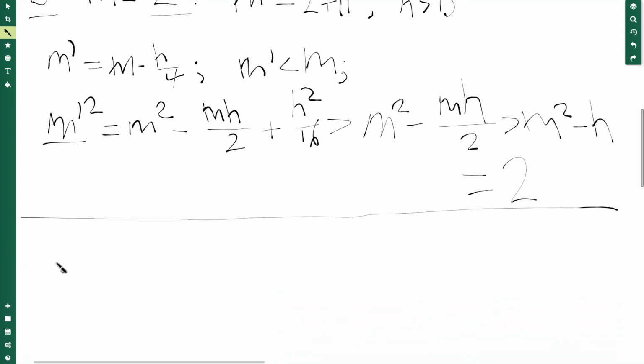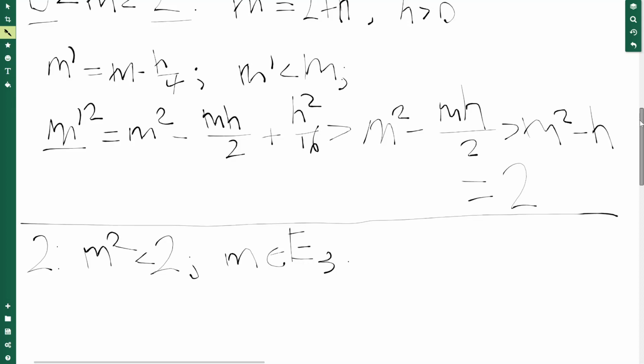Okay, so now let's consider the second case, which is where m squared is less than 2. In other words, m is actually in E3. Okay? Now it's kind of the opposite of what we want to do, right?